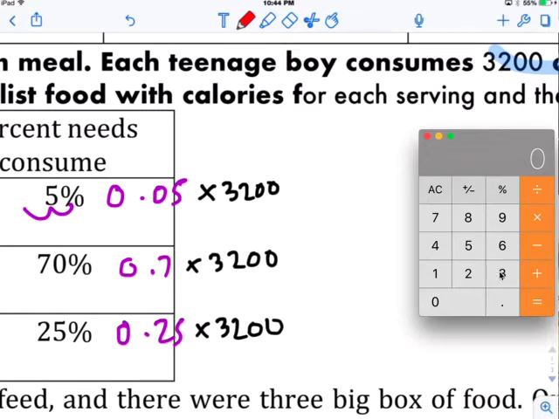Oh no, 3,200 divided by 0.05. No, the calculator's all wrong. Okay, you guys do this. This is not working. This calculator's times, I put divide, times again.